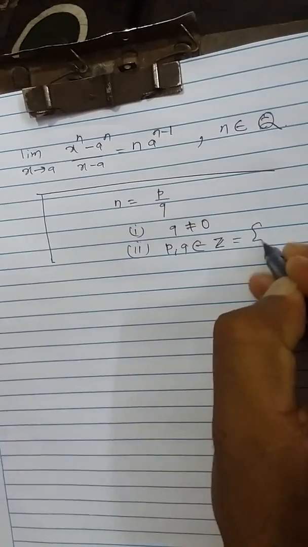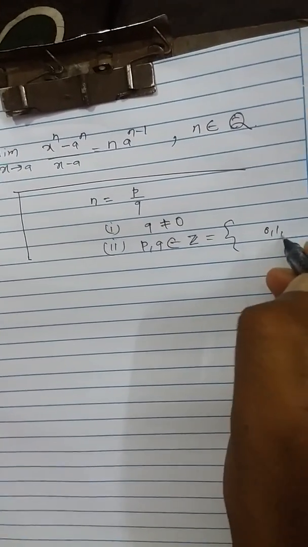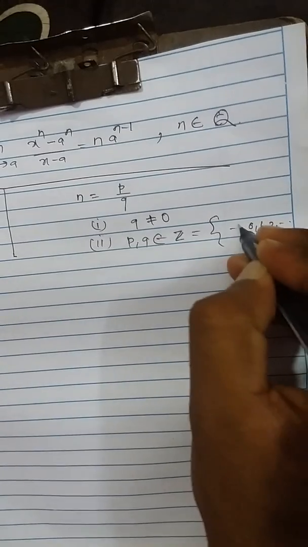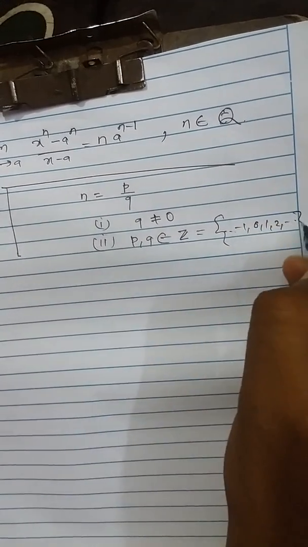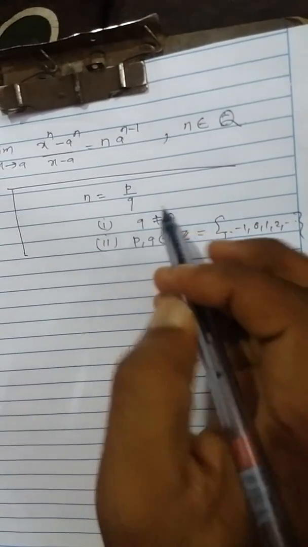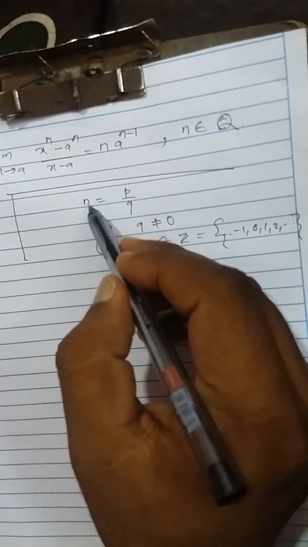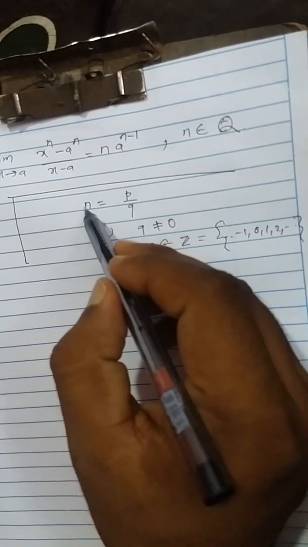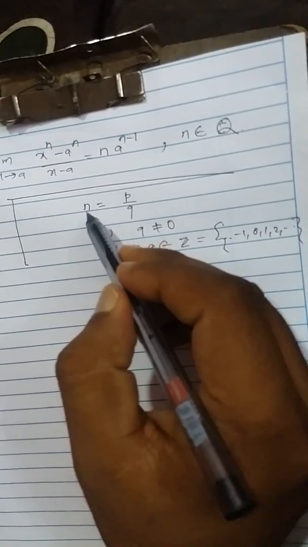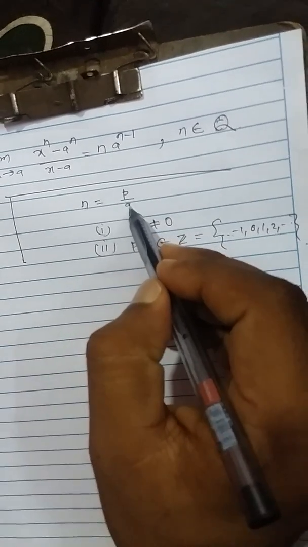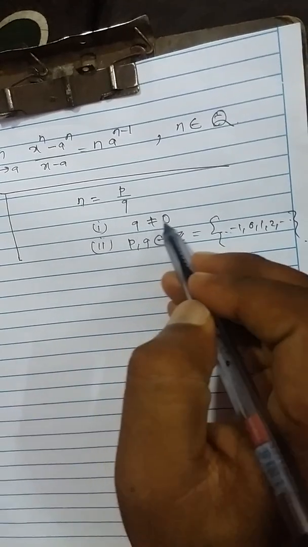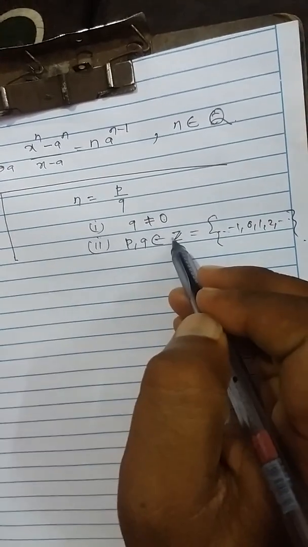Integers means this set: 0, 1, 2 and so on, likewise minus 1, minus 2 and so on. Once again, a number n is called a rational number if n can be written in the form p upon q, where q is not equal to 0 and p and q are integers.